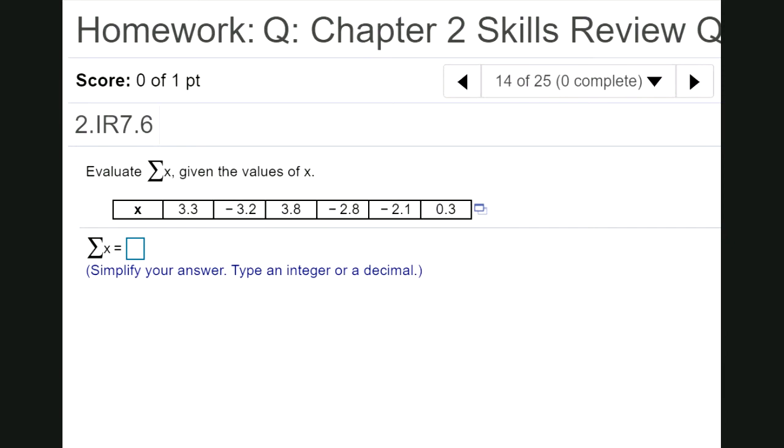So when this one says evaluate the sum of x, that means add up the x's. So when we find this, you see they've given us the x's there. These are the x's.